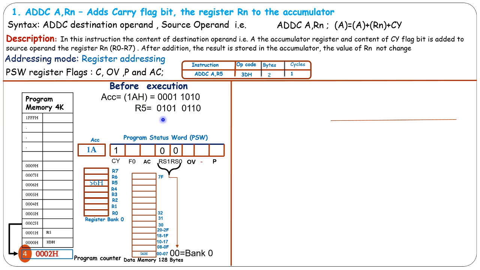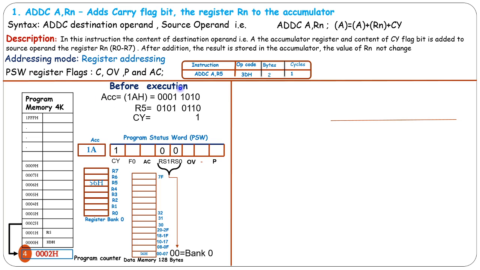R5 has content 0101 0110, where 0101 indicates 5 and 0110 indicates 6. So this 56 is added, plus the carry flag. Suppose the carry flag is 1, so 1 is added here.